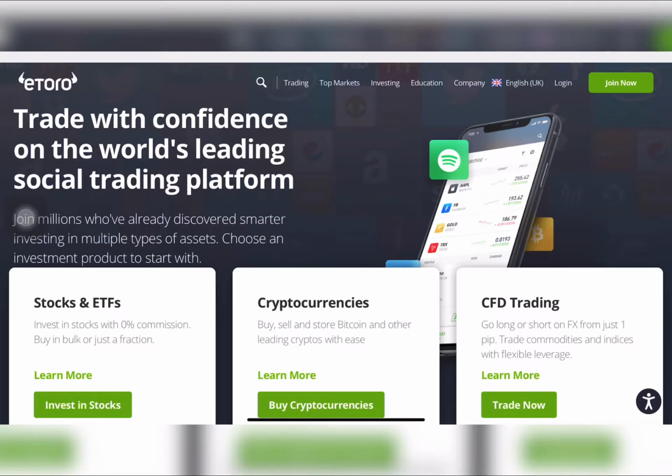What we need now is an online broker, which is eToro. There are a lot of online brokers in the market, and eToro is one of them. Now, why did I choose eToro? I find it very simple, and it's easier to register because they only require simple documents.